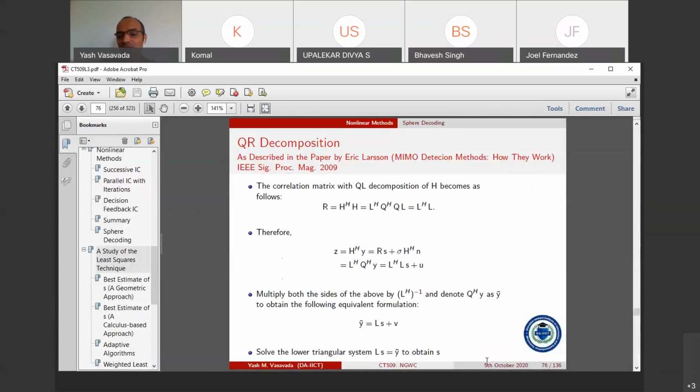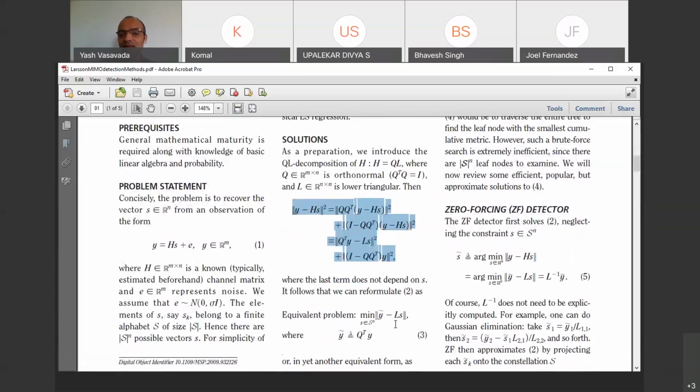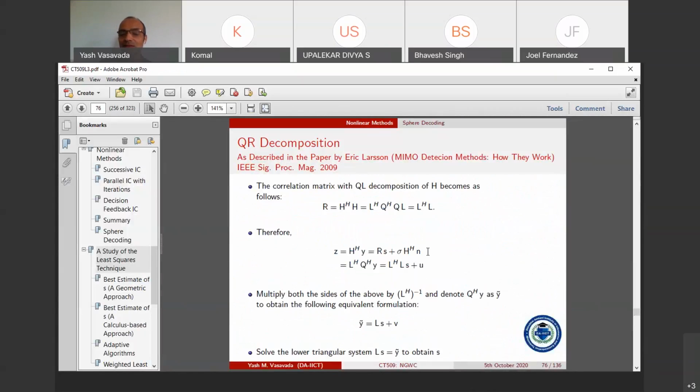I already knew that equation 2 and equation 3 are same. And the way I could prove that they are the same is by this derivation here, which is a much simpler derivation. But this is not mathematically rigorous, because here I'm just saying that z is equal to y tilde and r is equal to l.